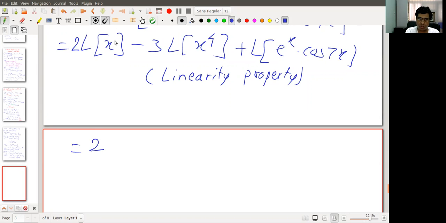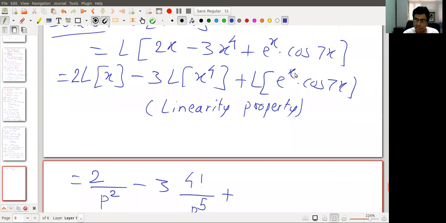Here n is 1, so 1 factorial is 1 upon p raised to 1 plus 1, that is 2. Okay, minus 3. Here n is 4, x raised to 4, so it is 4 factorial divided by p raised to 4 plus 1, that is 5, plus now Laplace transform of e raised to x into cos 7x.